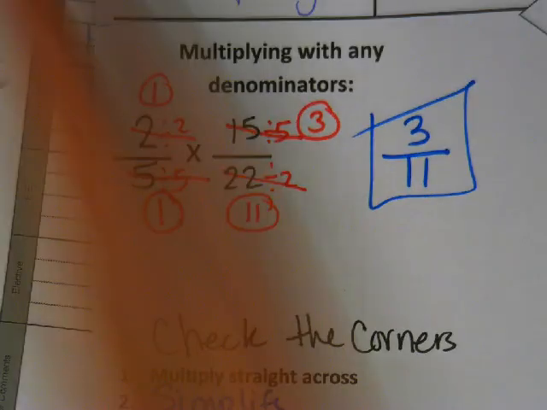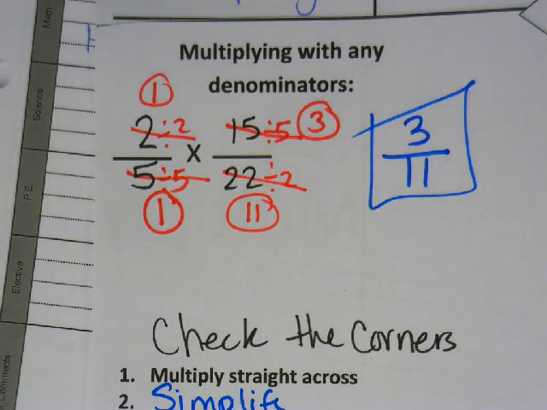Yeah. If you get really big numbers, hypothetically, I would suggest you go back and see if you can simplify the corners and redo it. Because if you're dealing with really big numbers here, it can lead you to make more mistakes.